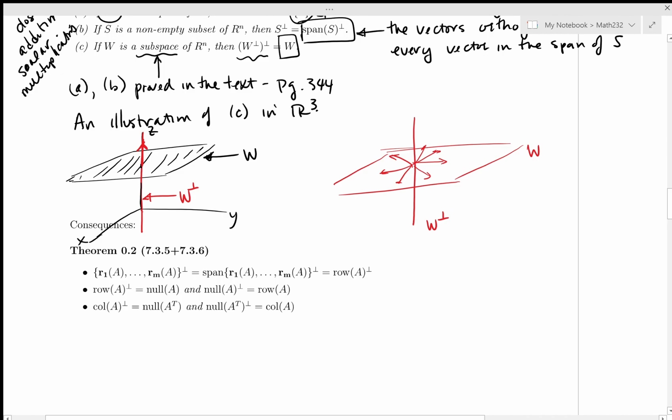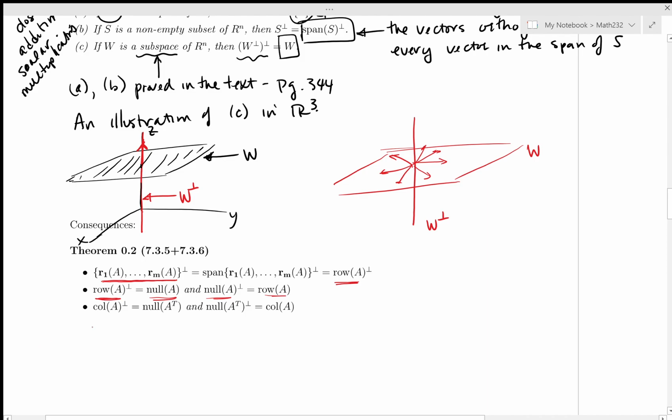Okay, here, what are we being told? That the orthogonal complement to the set of row vectors is the same as the orthogonal complement to the span of all of the row vectors, and that is the orthogonal complement of the row space of A. The orthogonal complement of the row space is the null space, and the orthogonal complement of the null space is the row space.